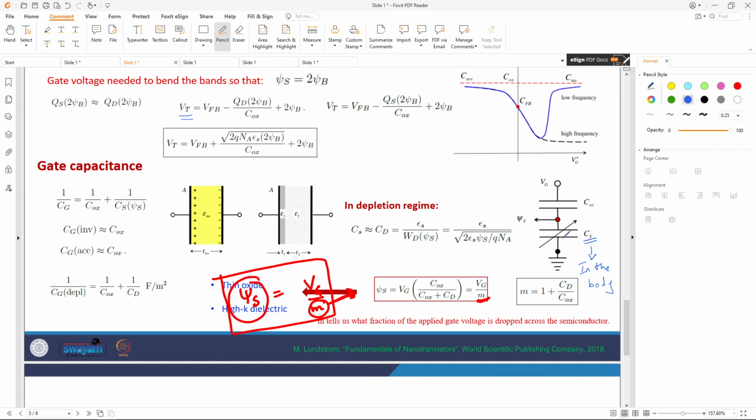That implies this is a variable capacitance and this point is the interface, the oxide semiconductor interface.